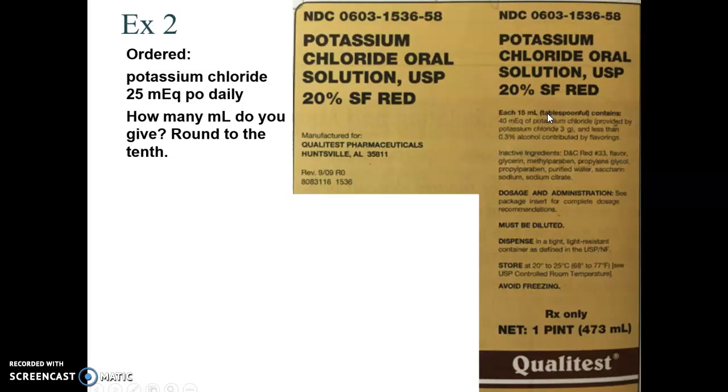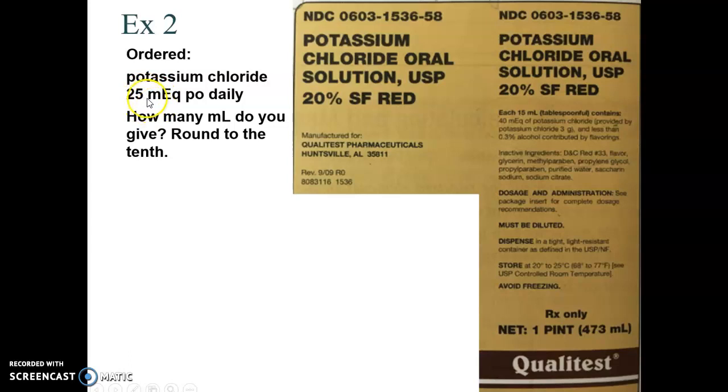Okay. If you wanted to get it a little bit more accurate, think about maybe dividing by 2. On the last one, we multiplied by 2 because our unit dose concentration wasn't enough. But now it's too big. That 40 MEQ is too big for our 25 MEQ. So think about dividing by 2 this time. If I divide the 40 milliequivalents by 2, then I'm going to get 20.